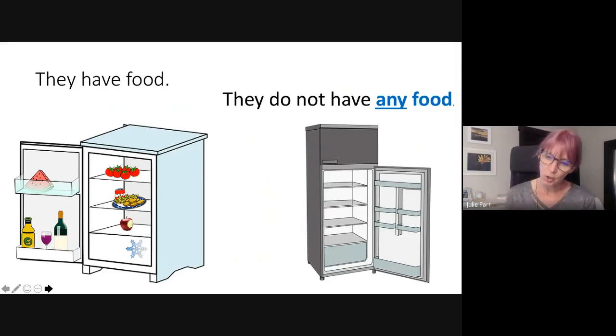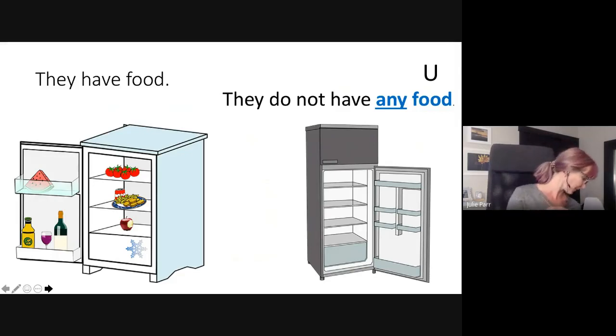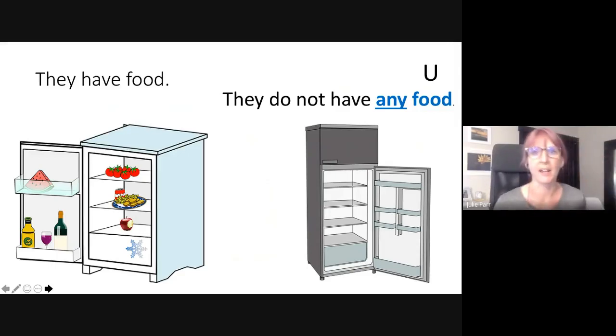There is no food in this fridge. They do not have any food. The word food is uncountable. I can say they do not have any food. I use the word any when there is no food.